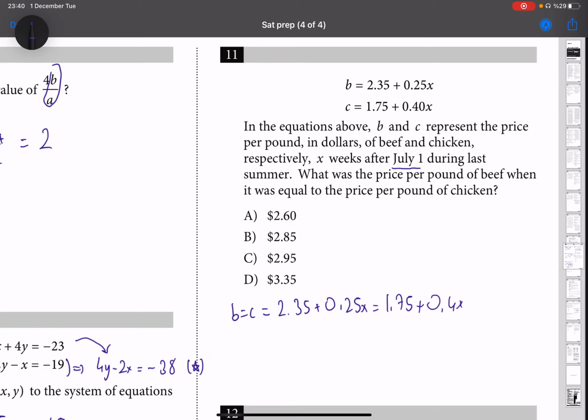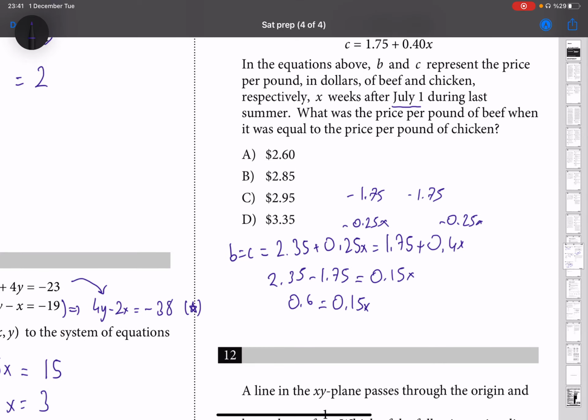So let's subtract 0.25x from each side. And also subtract 1.75 from each side so that we can obtain 0.15x on one side and 0.6 on the other side, so x equals 4.